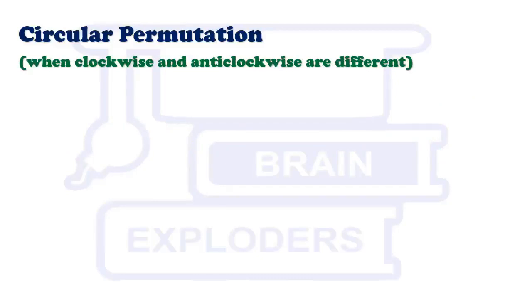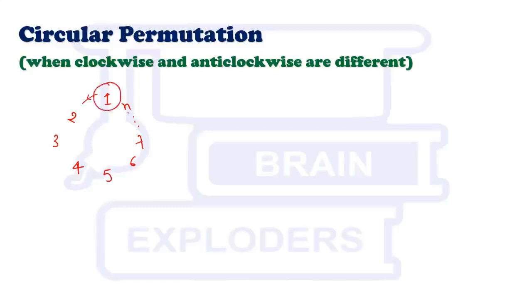Now let's see how many permutations are possible when clockwise and anti-clockwise cases are treated as different. Again, let us suppose we have n elements, 1 up to n. As we have just discussed, their sequence with reference to any one of the elements, meaning after 1 it is 2, after 2 it is 3, should be different for a different permutation. So what can we do? Let us fix one of these elements.